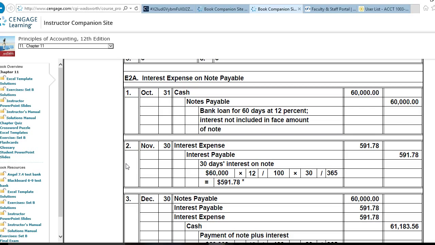So the way in which we calculate the amount of interest that has accrued, we show the $60,000 note times 12%, or 12 over 100, or 0.12, times 30 days divided by 365 days in a year, which is $591.78.